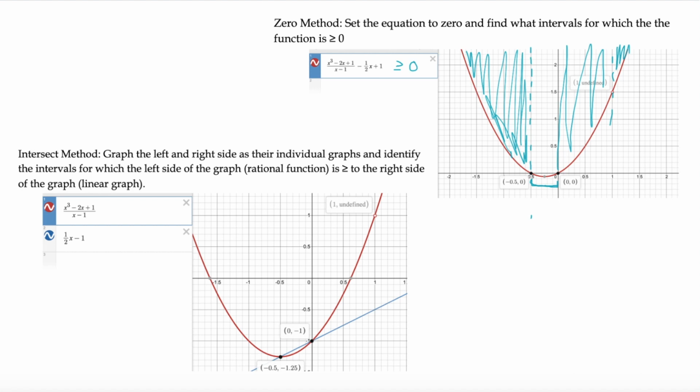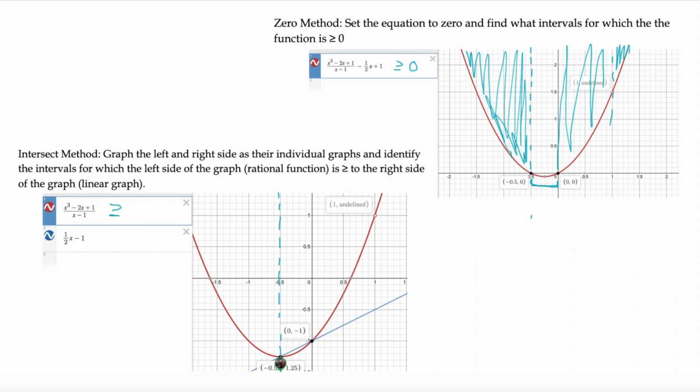Or we could utilize the intersect method. We're going to graph the left and the right hand side. And we're looking for where is the left-hand side greater than or equal to the blue line. So where is the red line greater than the blue line? Again, -1/2 is that cutoff part.